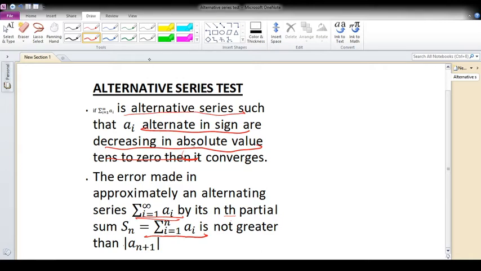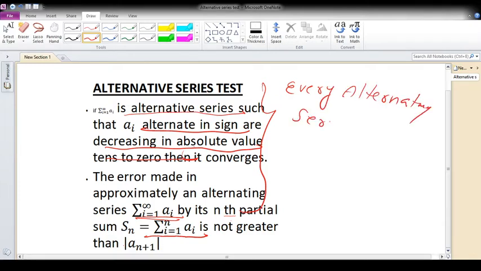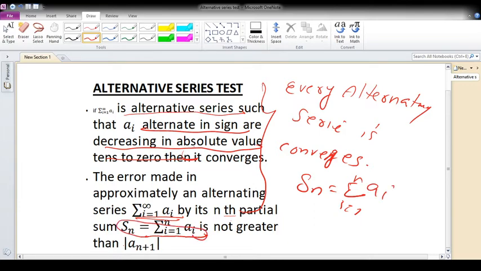Above this theorem, this test explains that every alternating series converges, and its partial sum is S_n equal to summation i equal to 1 to n of a_i. This is the partial sum of our alternating series.